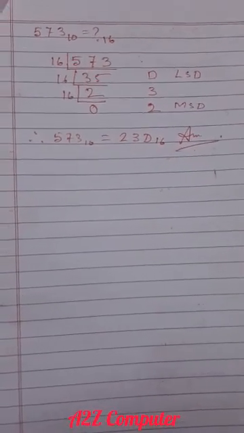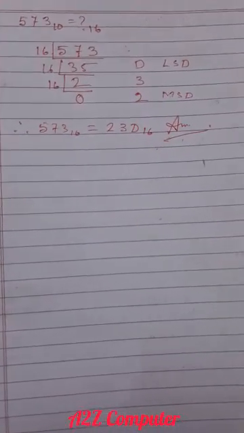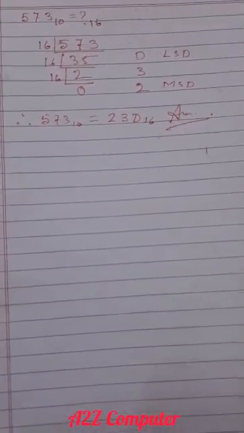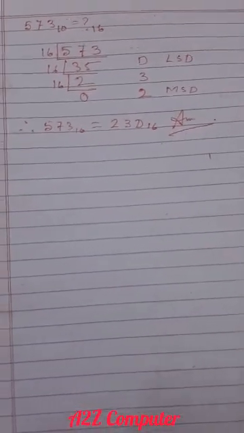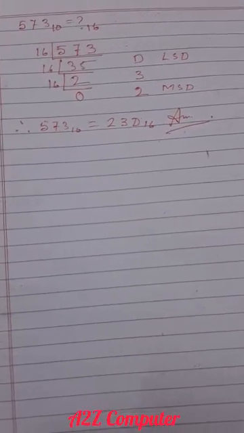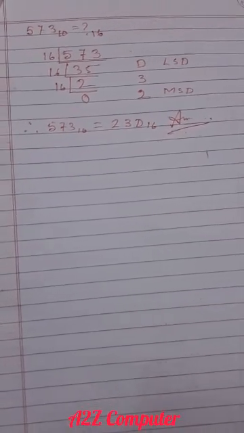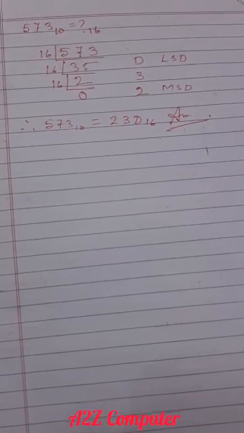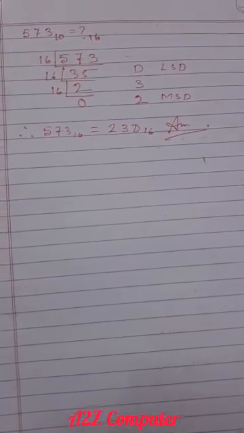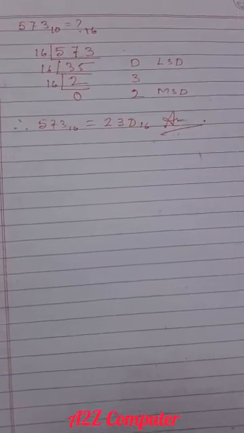So we have done all the conversions from decimal to the other three number systems. Again, I'm giving a little recap. The procedure to convert any number from decimal to another is the division procedure. We divide the number by the converted base. From decimal to binary, we divide the number by 2.